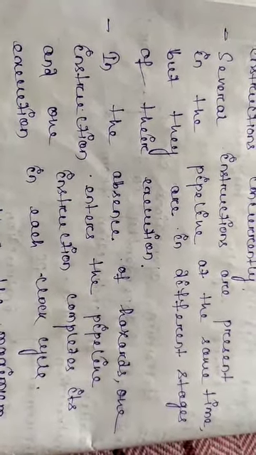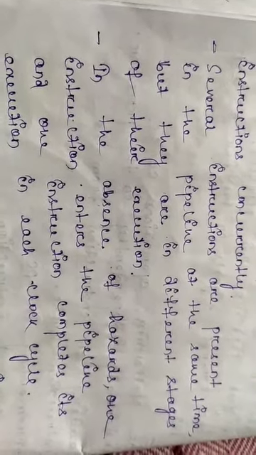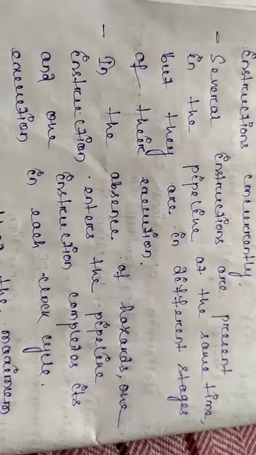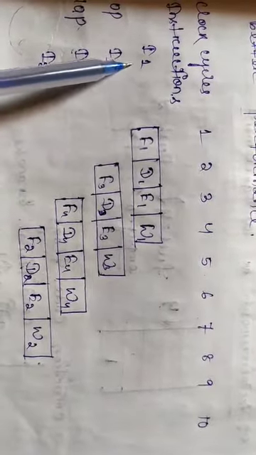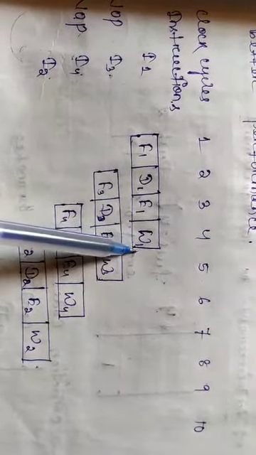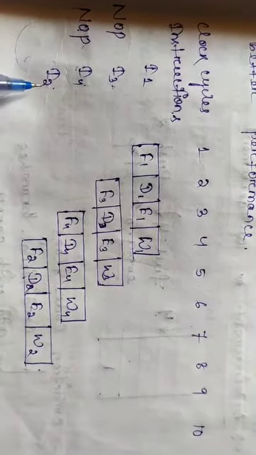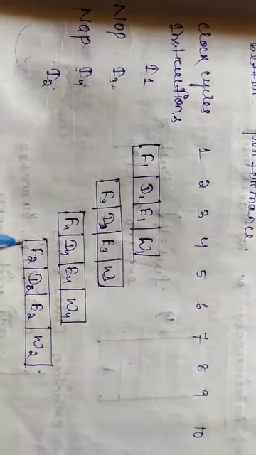That means if we take a 4 stage pipeline and 4 instructions, let me show an example of this. It is a 4 stage pipeline. When I1 is in executing, it completes in the 5th clock cycle, and at the same time I2 is entering the pipeline.